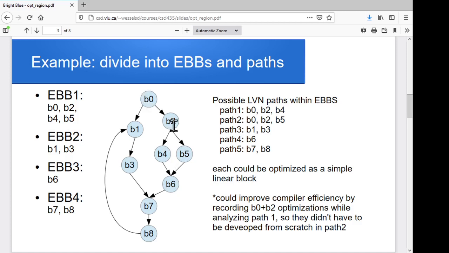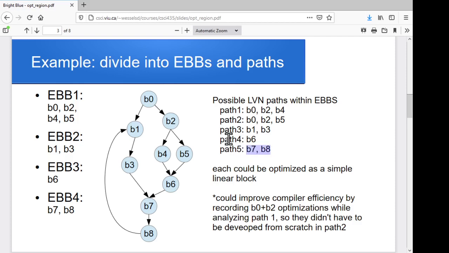We can either go B0, B2, B5, or B0, B2, B4. So in terms of the different paths that we might wind up analyzing, these would be our combinations: the 2 possible ones that start at B0, the one possibility that starts at B1, the trivial one for B6 that we've already covered with our local value numbering, and then B7, B8.